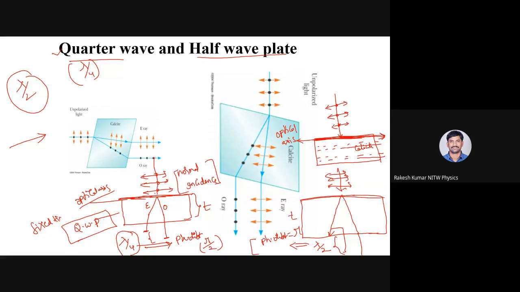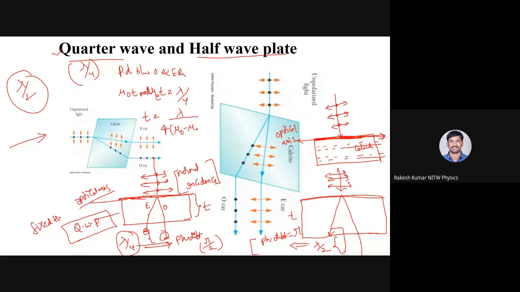So if you want a formula, if you want to measure the path difference between the ordinary and extraordinary ray, you can write mu_o times t minus mu_e times t. You take the difference, and it will be equivalent to lambda by 4. So the thickness will be lambda by 4 times (mu_o minus mu_e).